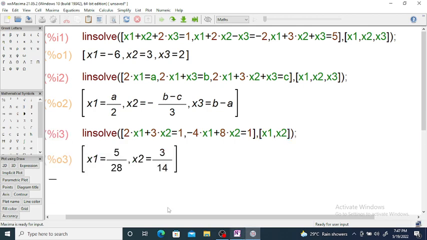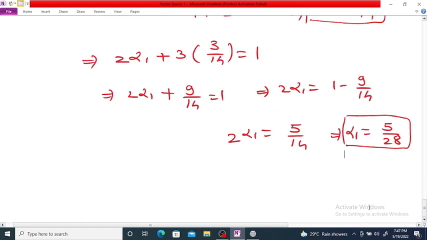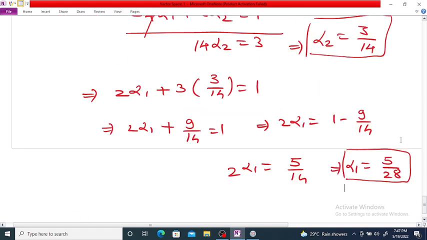So 5 by 28 and 3 by 14. So whether it is correct, 5 by 28 and 3 by 14, yes.